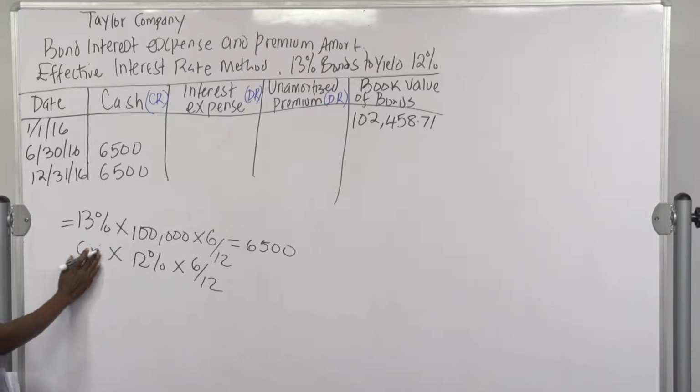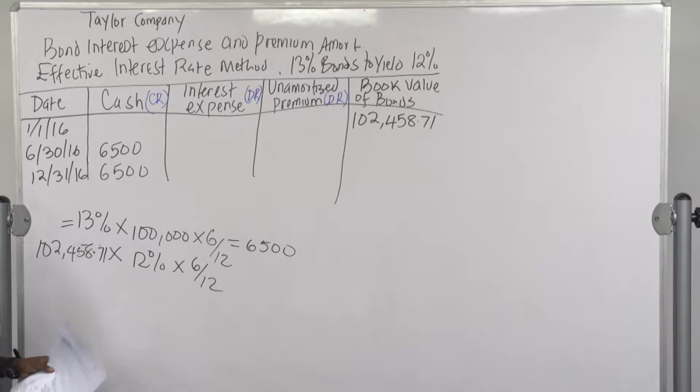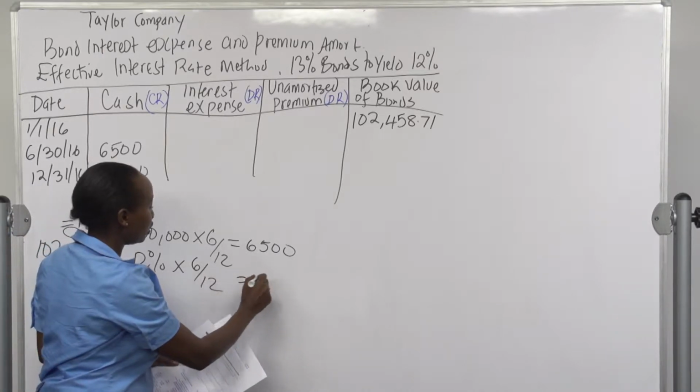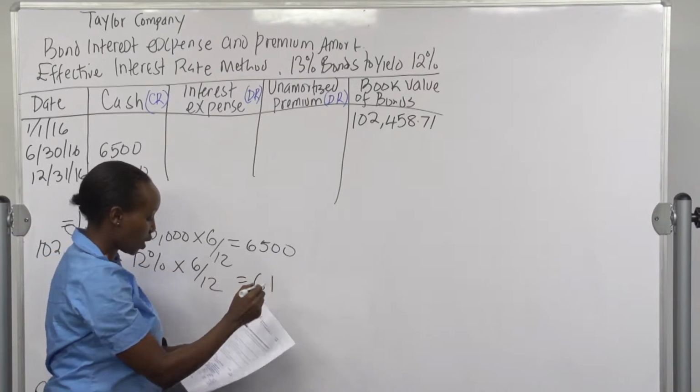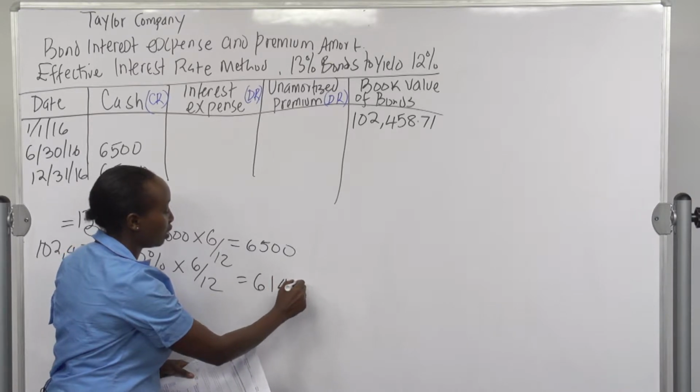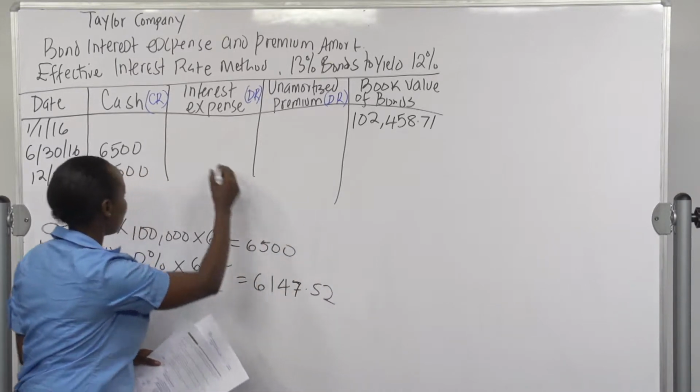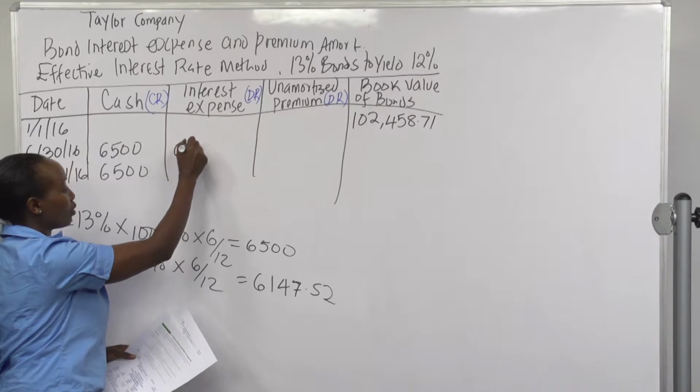For the first one, the carrying value is 102,458.71. When we multiply that, we get 6,147.52. That's where our number here is coming from.